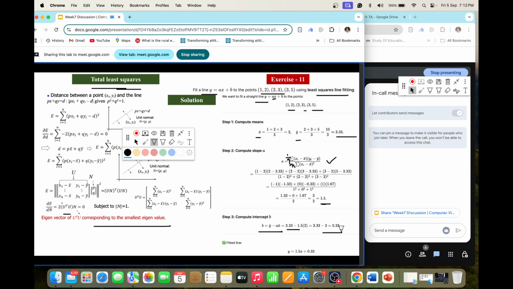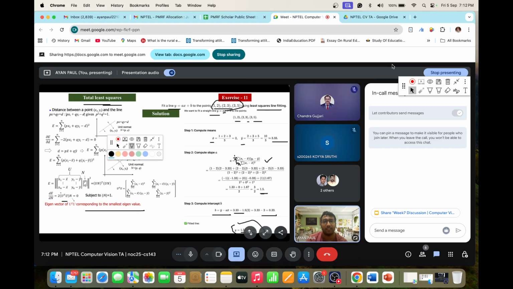So we got the intercept b, and once we have the slope and the intercept, y will be the slope times x plus the intercept. That is the line equation. Our slope is 1.5 and the intercept is 0.33. That is how we are fitting the line through these 3 points.